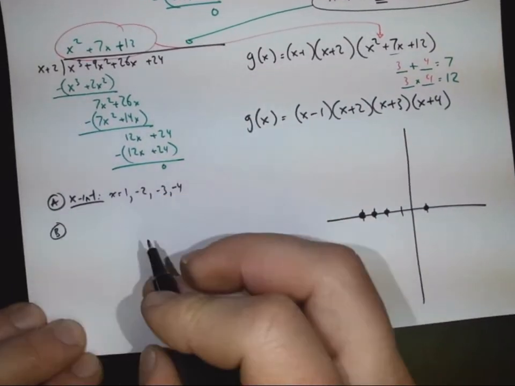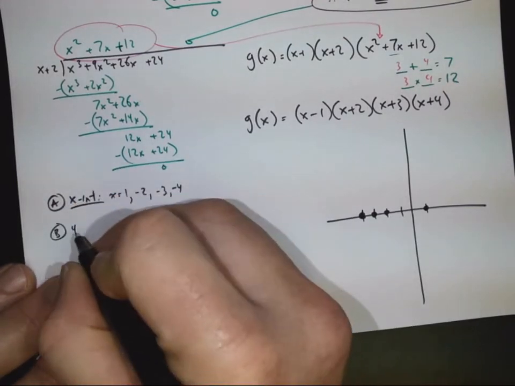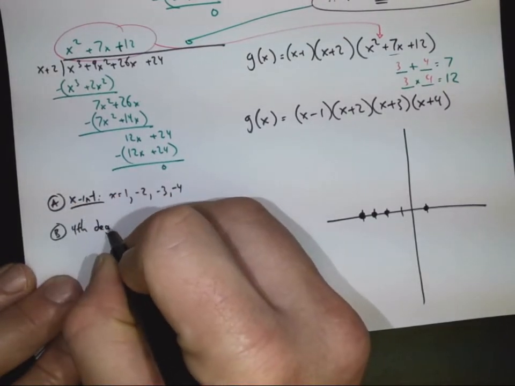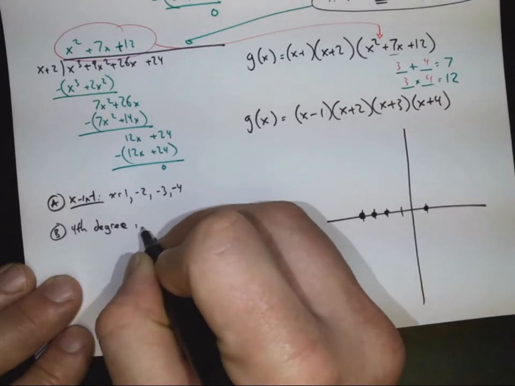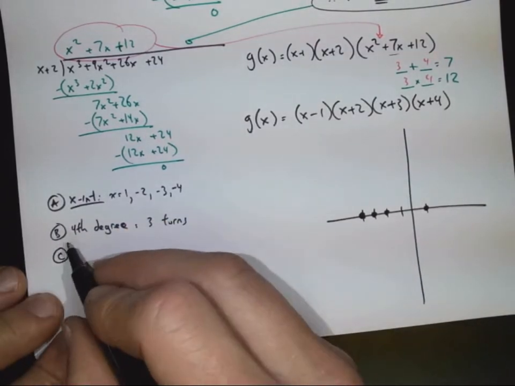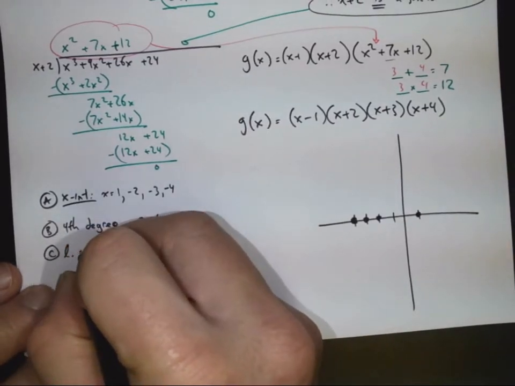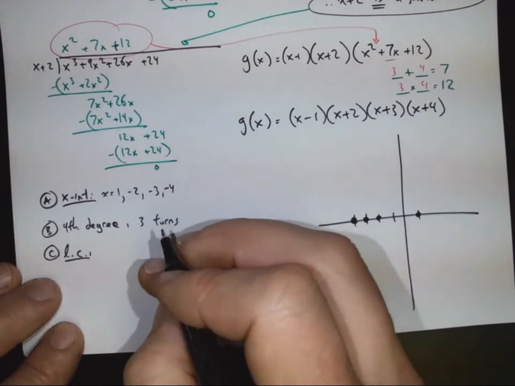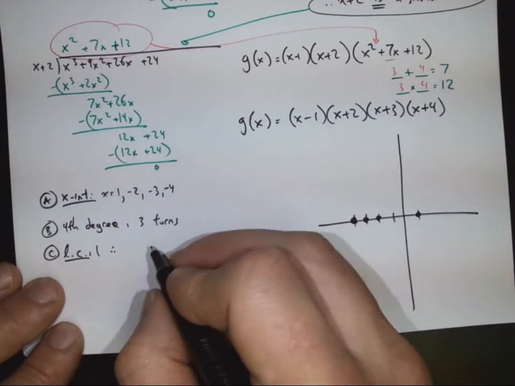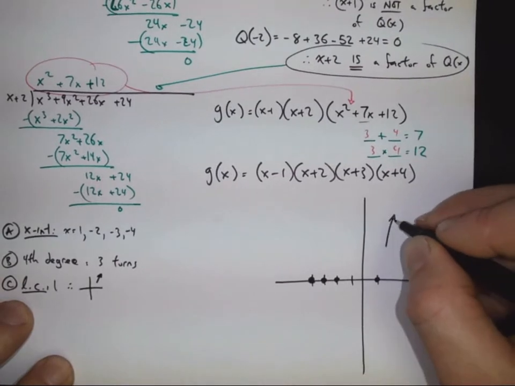So b, we'll find the degree. So it's a 4th degree. So we should have 3 turns. Its leading coefficient is 1. So therefore, it ends going up to positive infinity. So I'm going to draw that in right here.